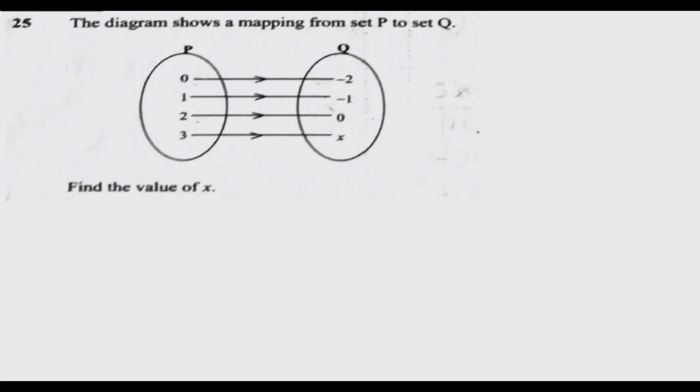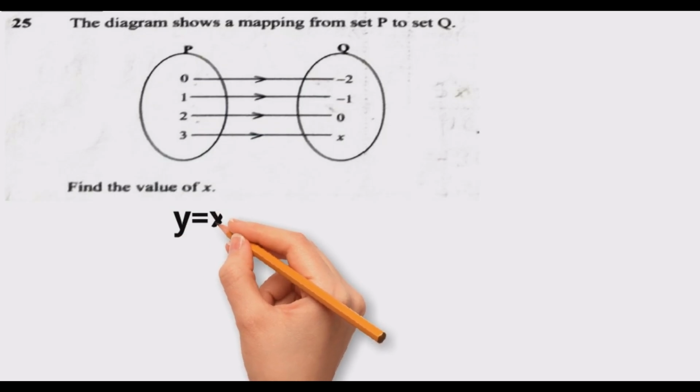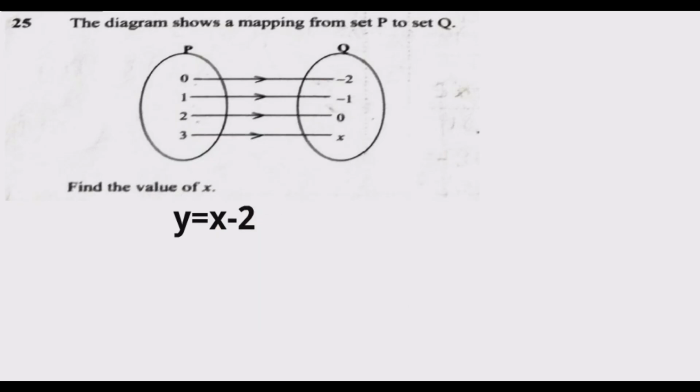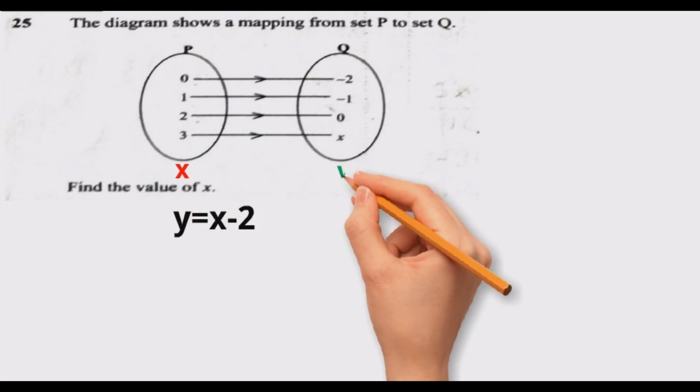First we're going to find a function which is going to help us to find the value of x. The function will be like this: y is equal to x minus 2. Set P will represent x and Q will represent y.